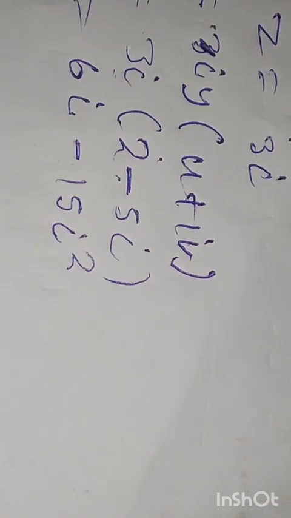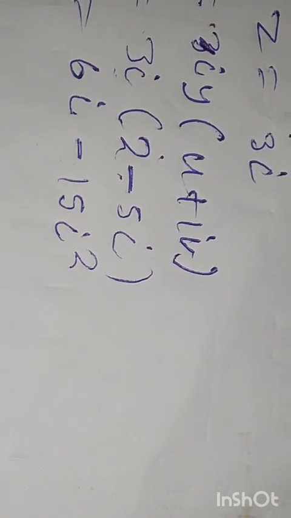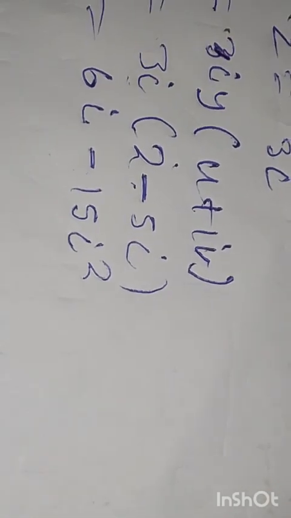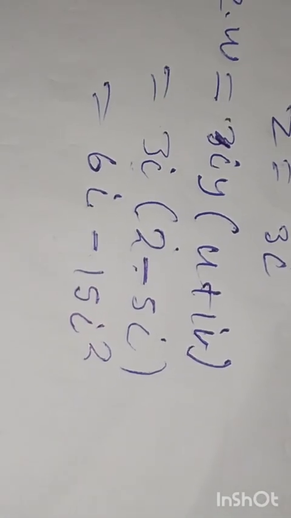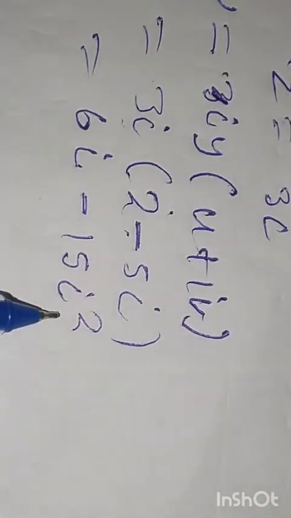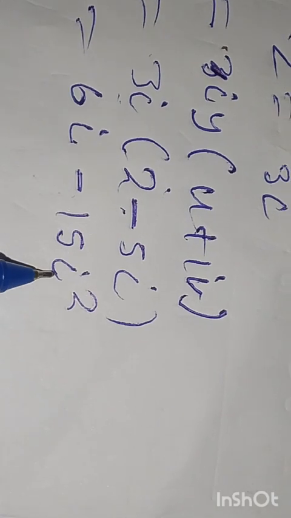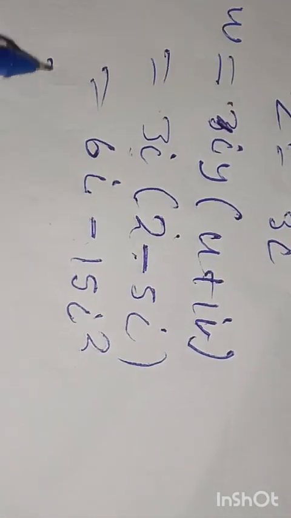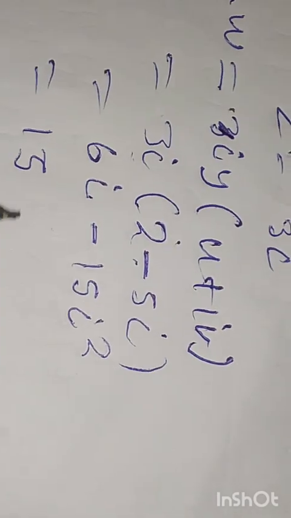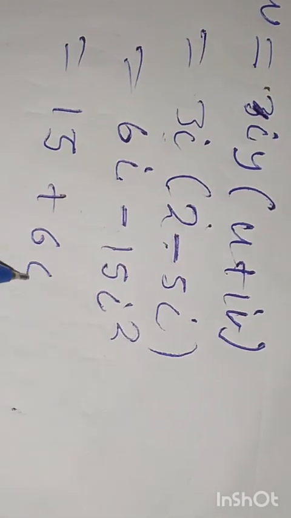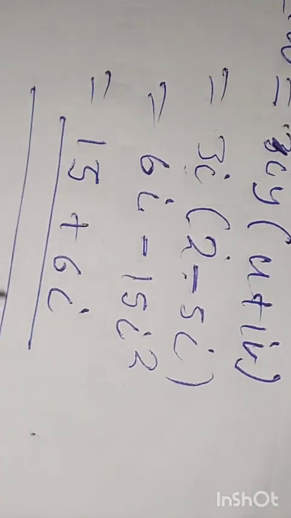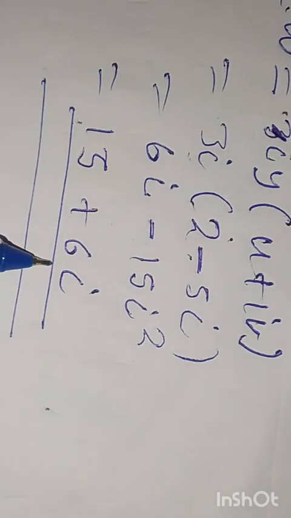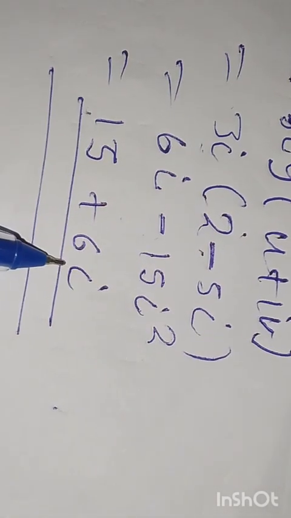Now when you go back to the rules of the powers, that's why we did powers before multiplication, so that we understand what we are talking about. i squared, you know that gives us negative 1. So negative 1 times 15 gives us positive 15. So this will be equal to 15 plus 6i. As simple as that. This is our real part, this is our imaginary part.